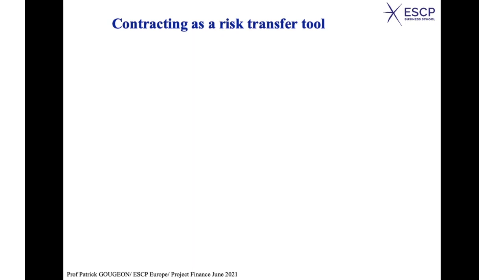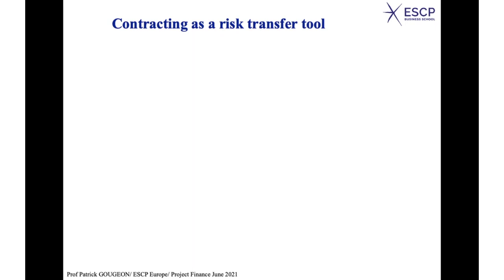What are our duties? What we can expect from each other. And when we do that, we share the risk. We look at the different risks and at how we are going to handle them and who is going to take each one. And if one of us is taking more risk, then this one will deserve a higher income. So you can see a contract as a way to share risk and revenues.